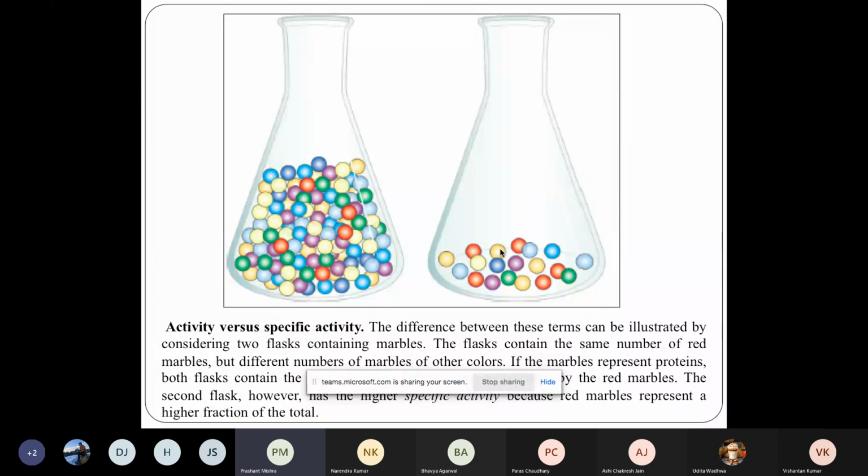If I look at the number of red marbles, 1, 2, 3, 4, 5, 6, whatever the number, even if the same number is present in the second flask, the other proteins have been separated out.